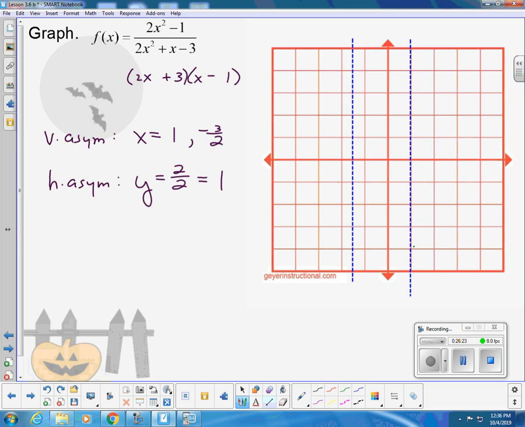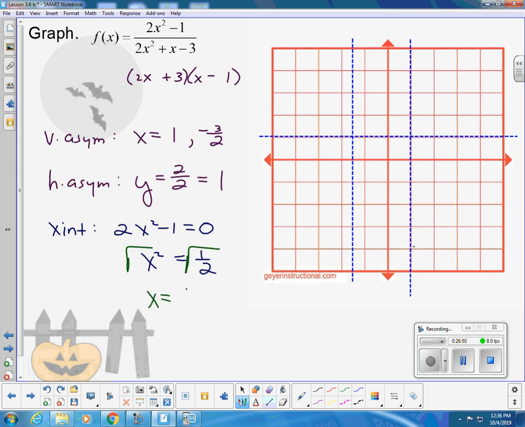Okay. X-intercepts. We're going to take the numerator and set it equal to 0. So we get x squared equals 1/2. Remember, that's plus or minus 1 over the square root of 2.